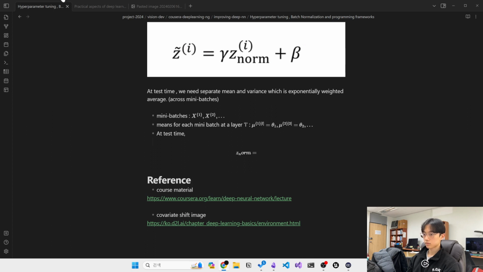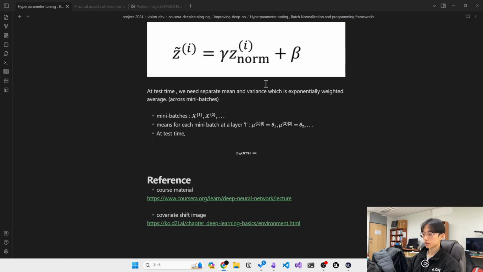So the takeaway from this is that during training time, mu and sigma squared are computed on an entire mini batch of, say 64, 128, or some number of examples. But at test time, you might need to process a single example at a time.